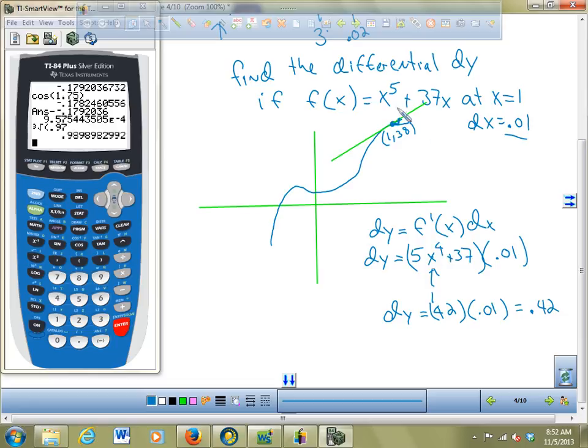This is the derivative of this, right? So it's just saying, okay, you move over 0.01, and you go up 0.42. Yes. If you go over 0.01, then you would go up 0.42.